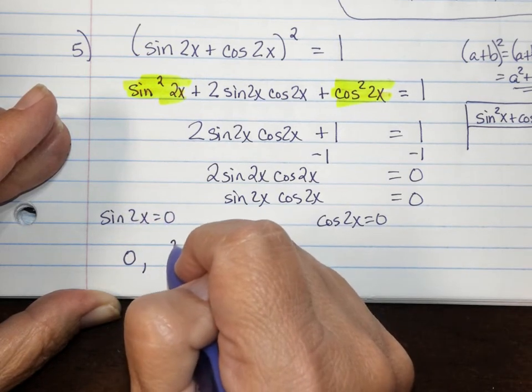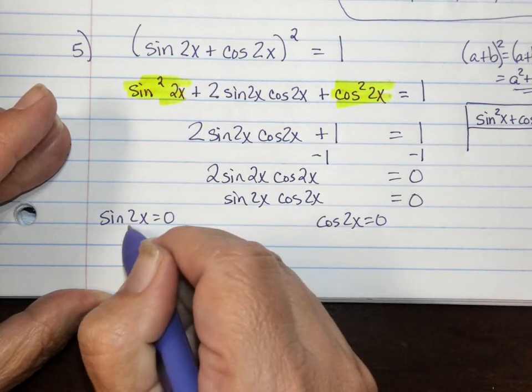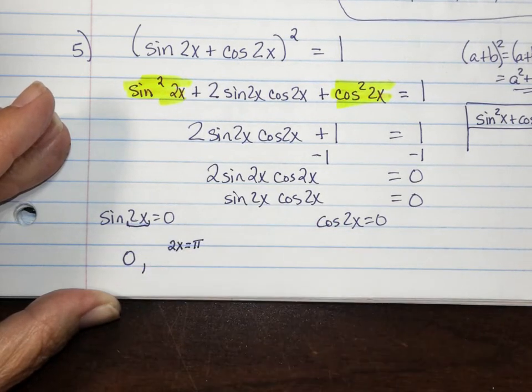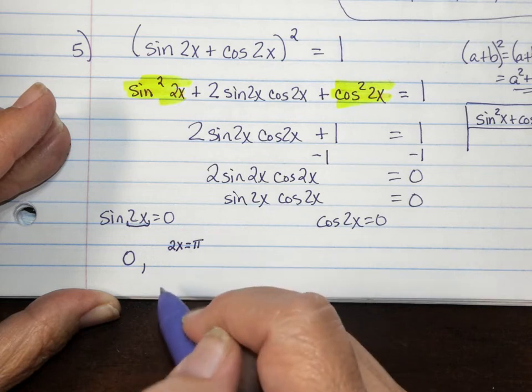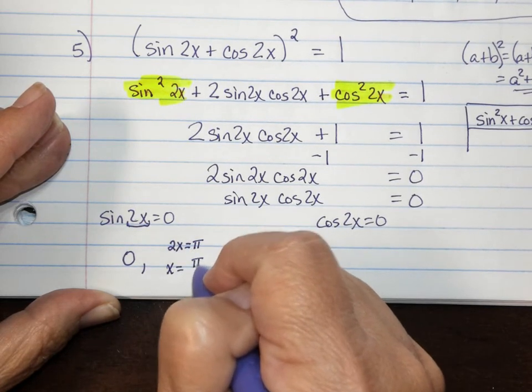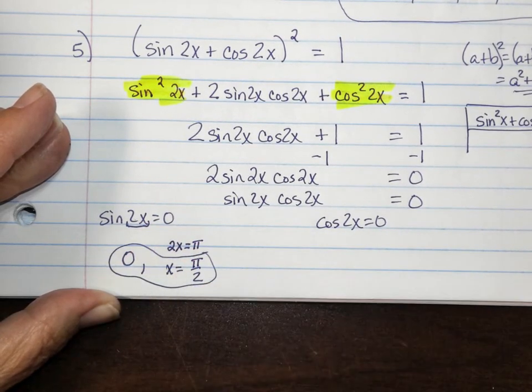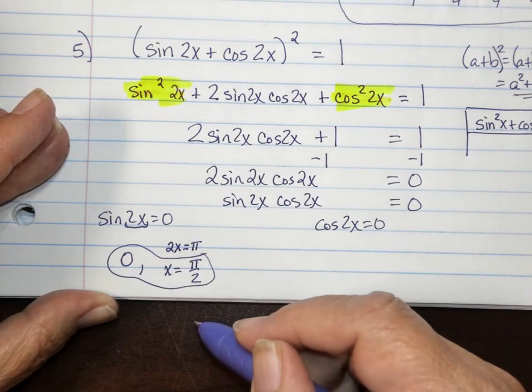So I need 2x to equal pi, right? I need this angle to equal pi. So if 2x equals pi, then x is going to equal pi over 2. Let me say that part one more time.